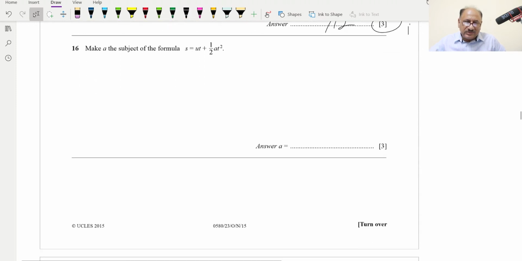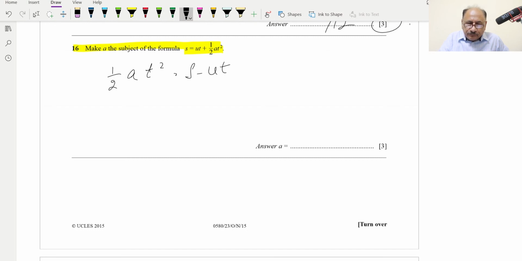Now making subject, this is a very easy question. So what we can do, we can make a the subject. So ut we will shift to the other side, so 1 by 2 a t squared is equal to s minus ut. Now 1 by 2 we can shift to the other side, so it will be a t squared is equal to 2 into s minus ut.